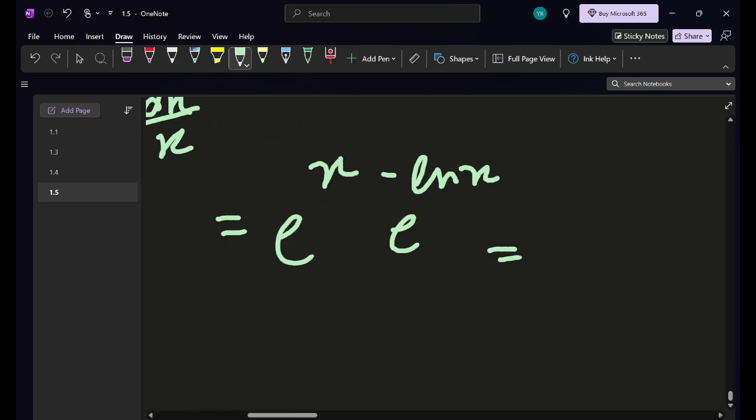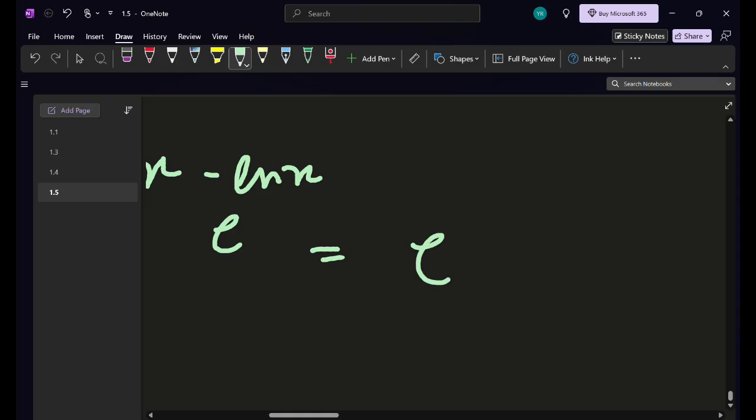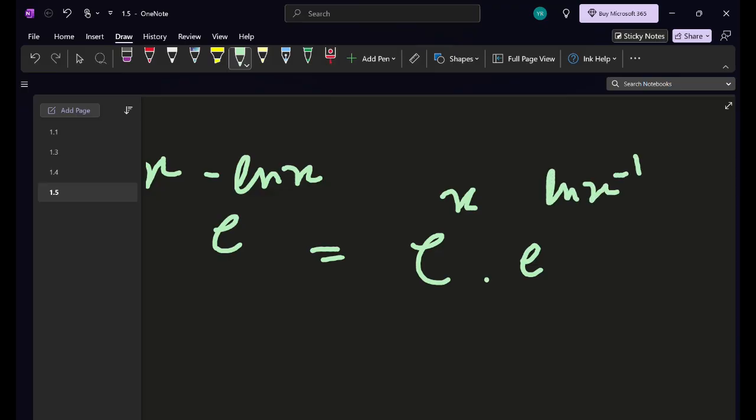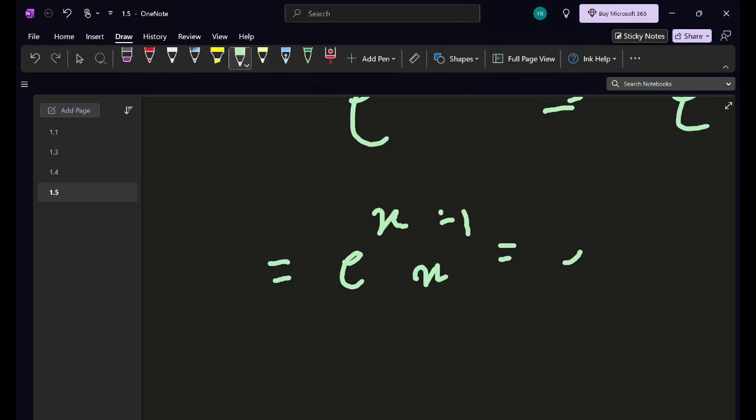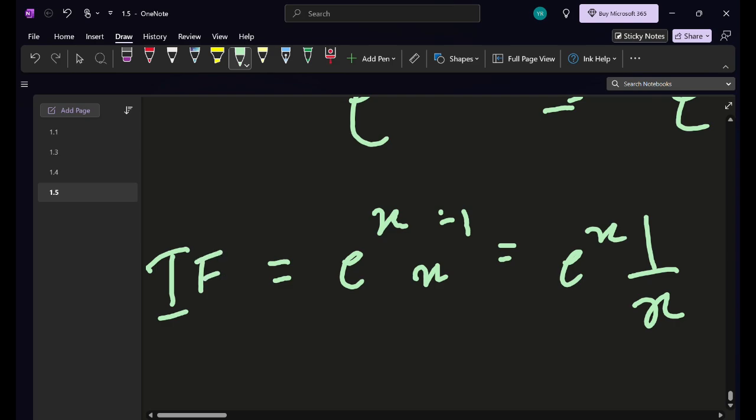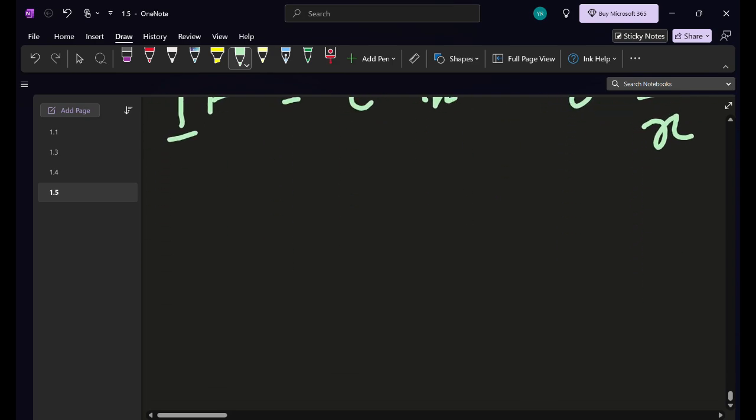By the property of logarithm, we can write this as e^x into e^(ln x) to the power minus 1. So this can finally be written as e^x times x to the power minus 1, which can be written as e^x by x. So this is our IF, our integrating factor.